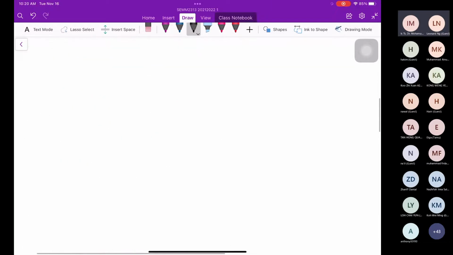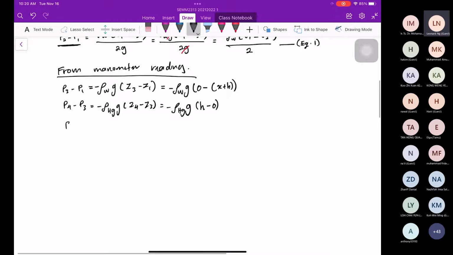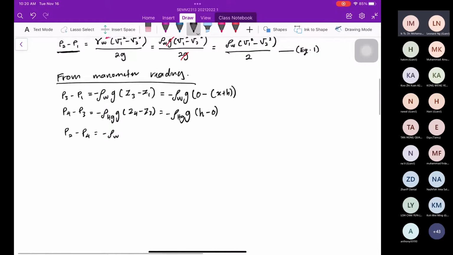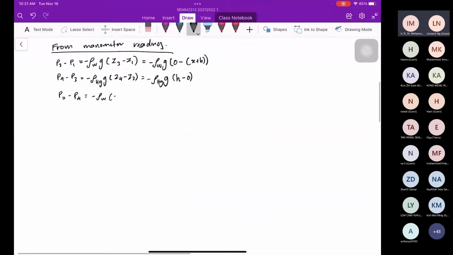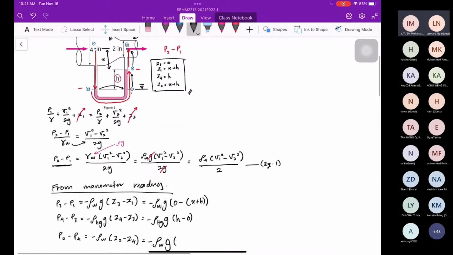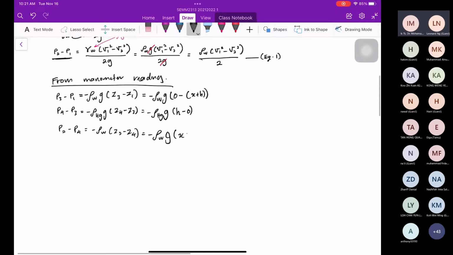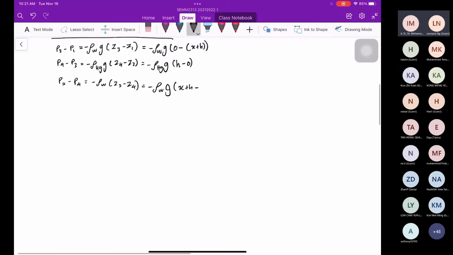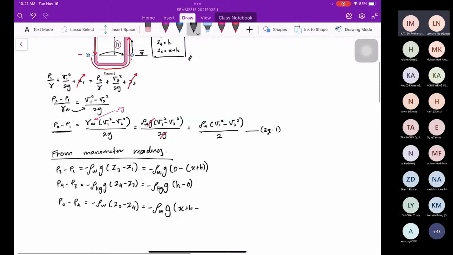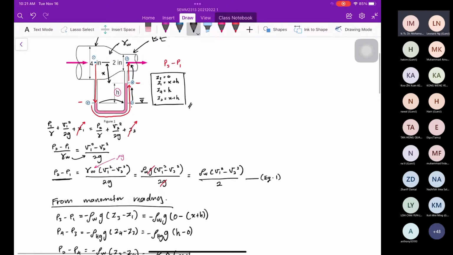So P2 minus P4 equal to negative rho of water. Now we are dealing with water. Z2 minus Z4, negative rho of water, gravity. Z2 is X plus H minus Z4, which is H.